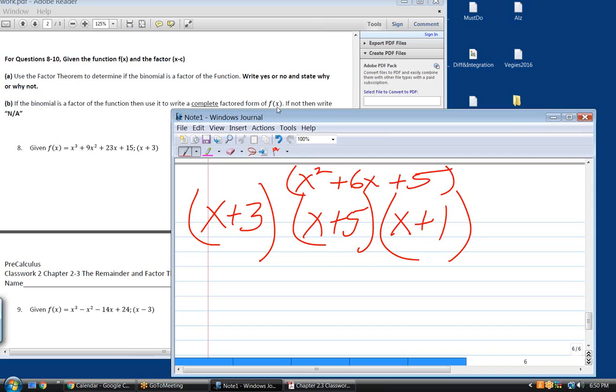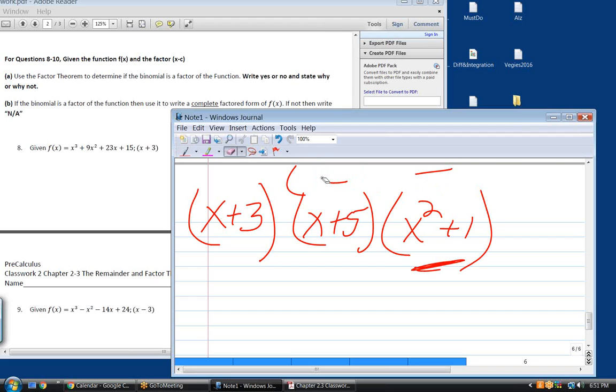linear factors. Now, sometimes you'll factor it down to two linear factors and an irreducible quadratic. In other words, let's say at the end of the process I had this. I cannot reduce that any. I can turn it into imaginary numbers, but I can't reduce it.